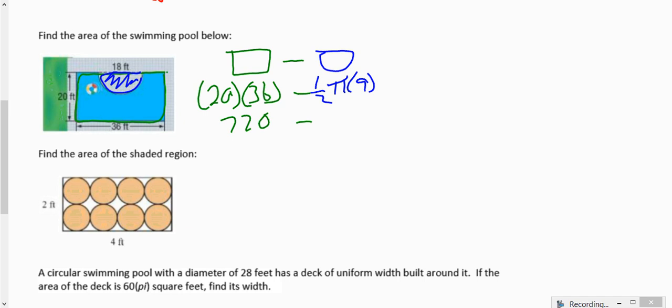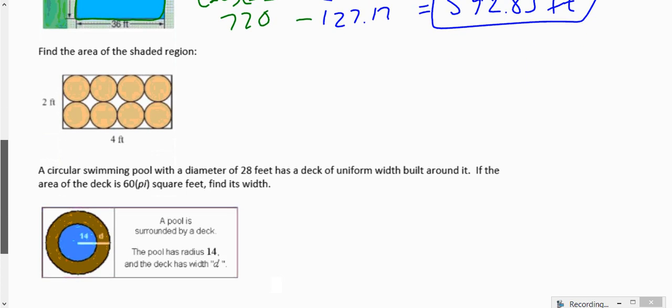So pi r squared, but half of it because it's a half circle. And that calculation would give us 127.17. We find the difference, and we get 592.83 feet squared.